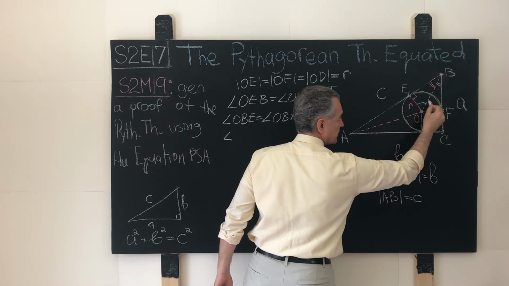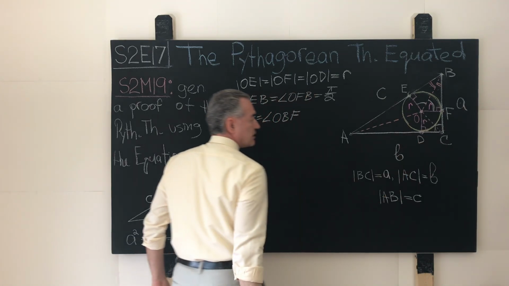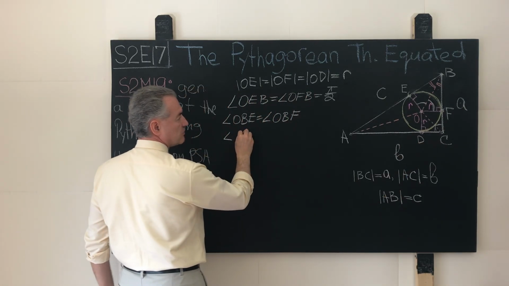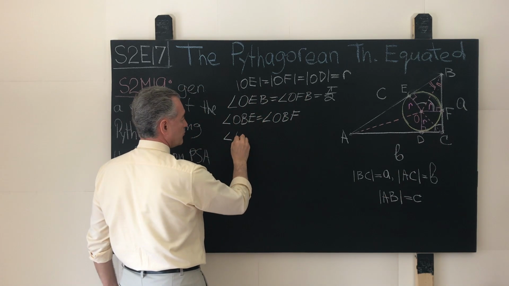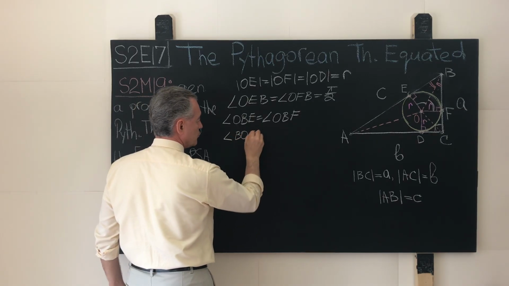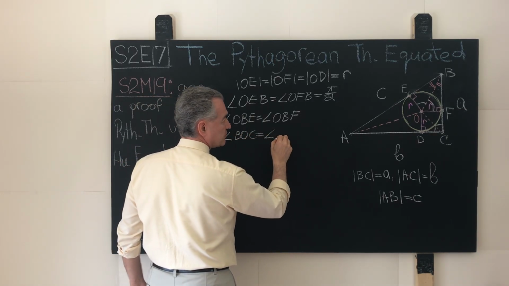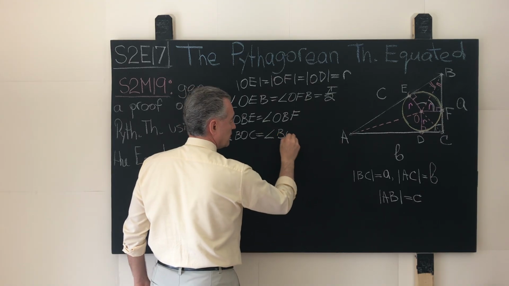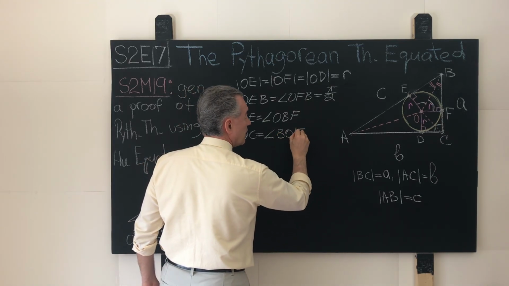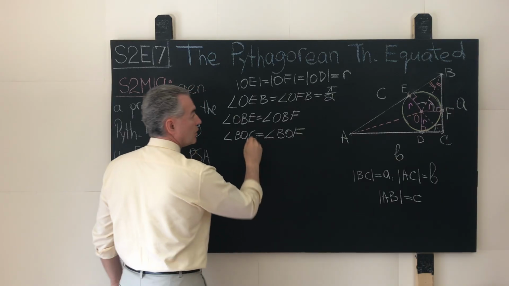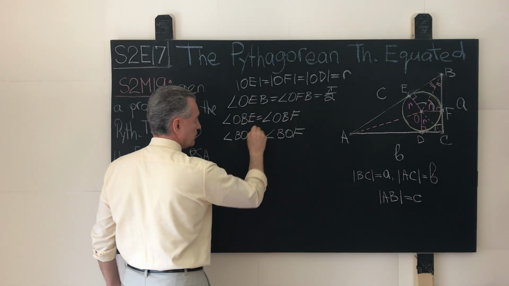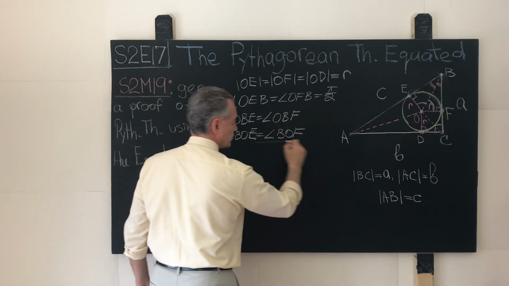I designated them right here. You guys can see them right here. So we will write down the fact that the magnitude of the angle BOE is the same as the magnitude of the angle BOF.